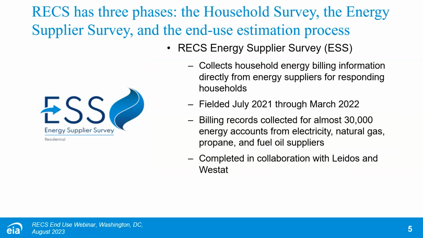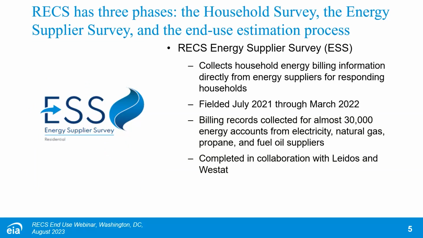Okay, so the next phase. After we collect data from our household respondents, we then collect household energy billing information directly from energy suppliers for the responding households. This next phase is called the Energy Supplier Survey, or ESS.